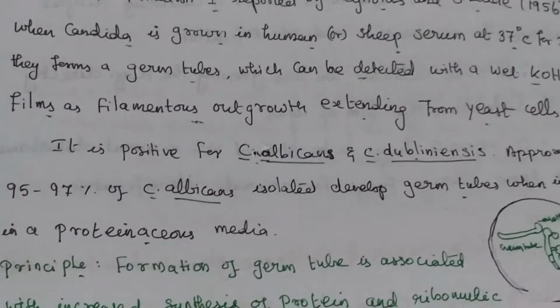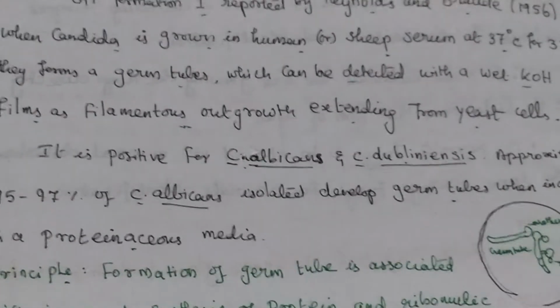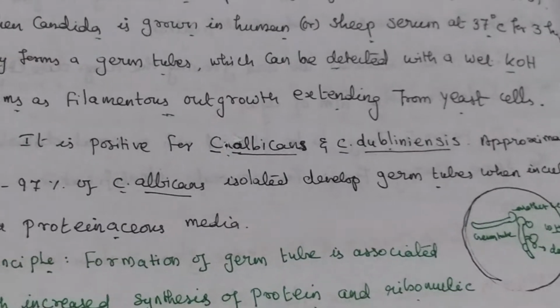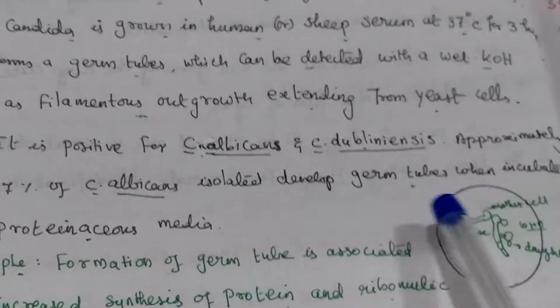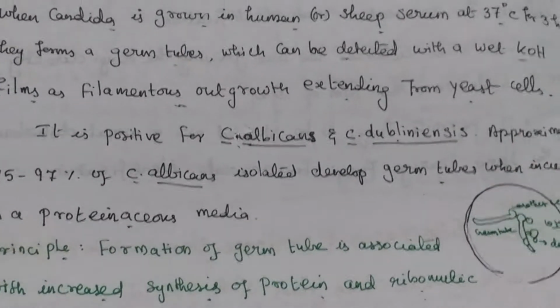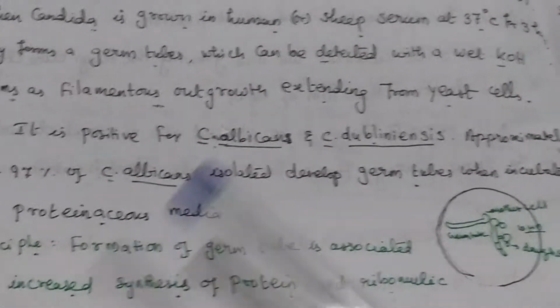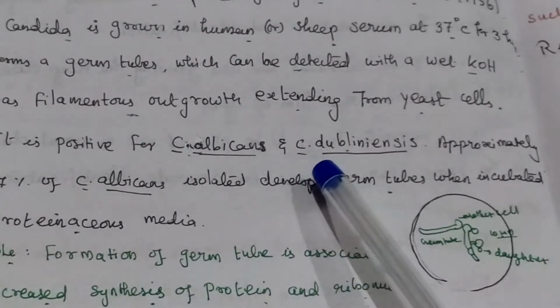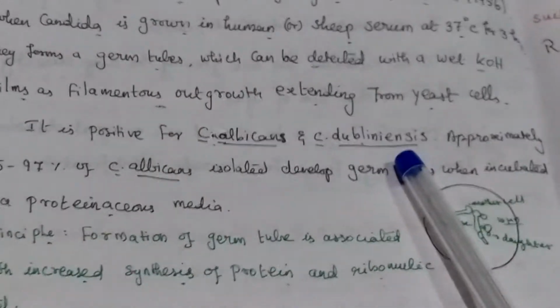Approximately 95 to 97% of Candida isolates develop germ tubes when incubated in a proteinous medium.